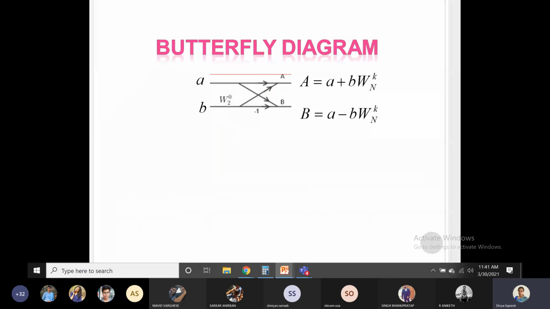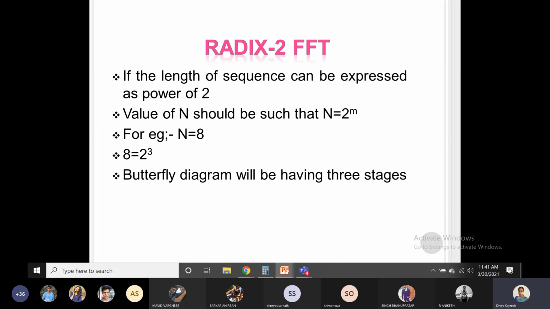So we learned the basic steps. Depending upon the N-point DFT, what is your N-point DFT? Depending upon that, we will decide the number of stages, and also depending upon the power of radix, the number of stages will depend.